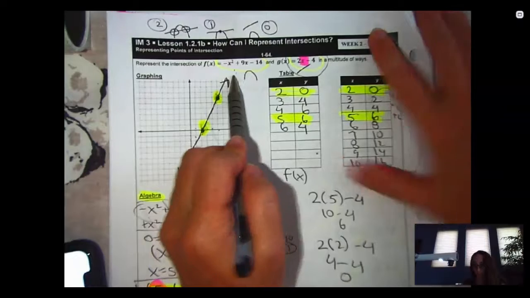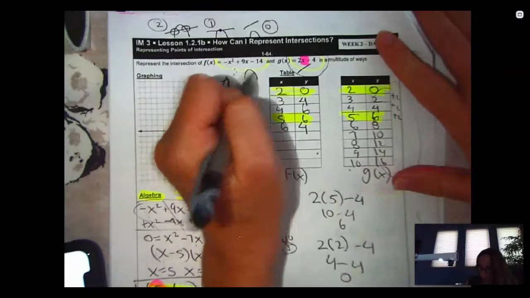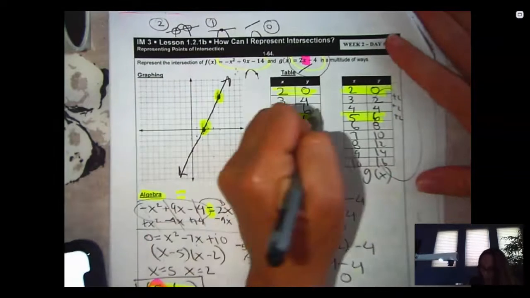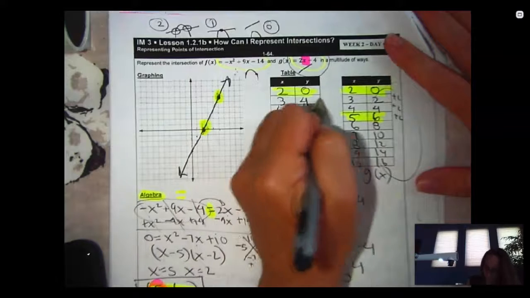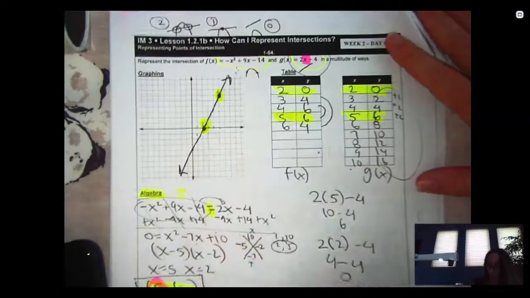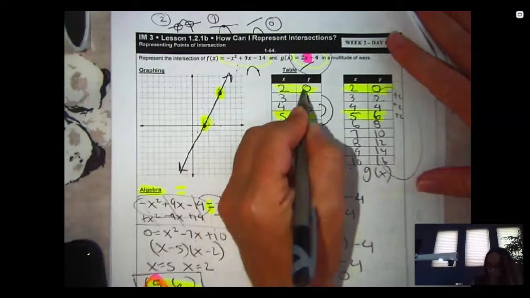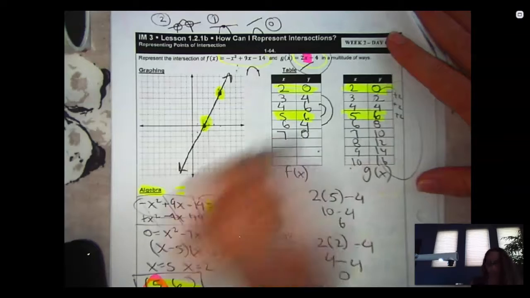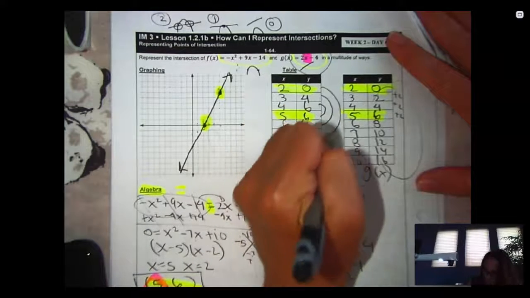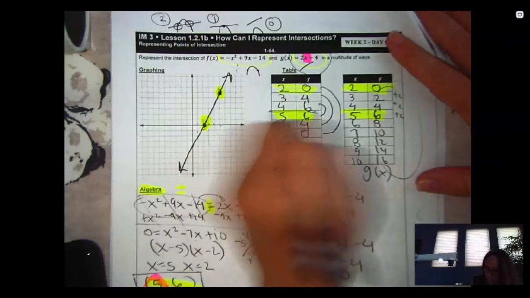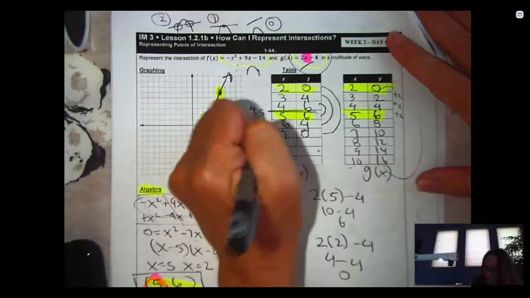I know that this makes a U, which means the y values should match up, because I remember that. If these two matched up, these two should match up, which means if this is a 7, does anybody know what number it's going to be? 0, it should be. So this can match up. That means the vertex is right in the middle at 4.5.